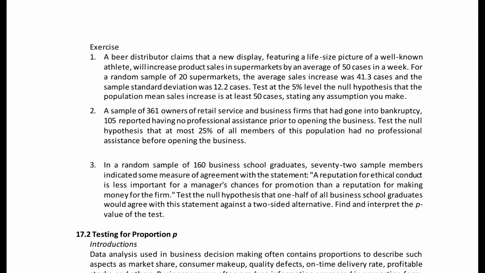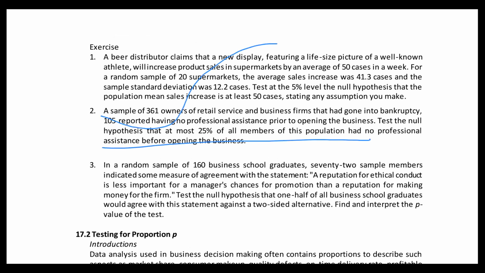We said that our critical value is 1.729, right? We are comparing it with the one that we calculated, which was negative 3.189.